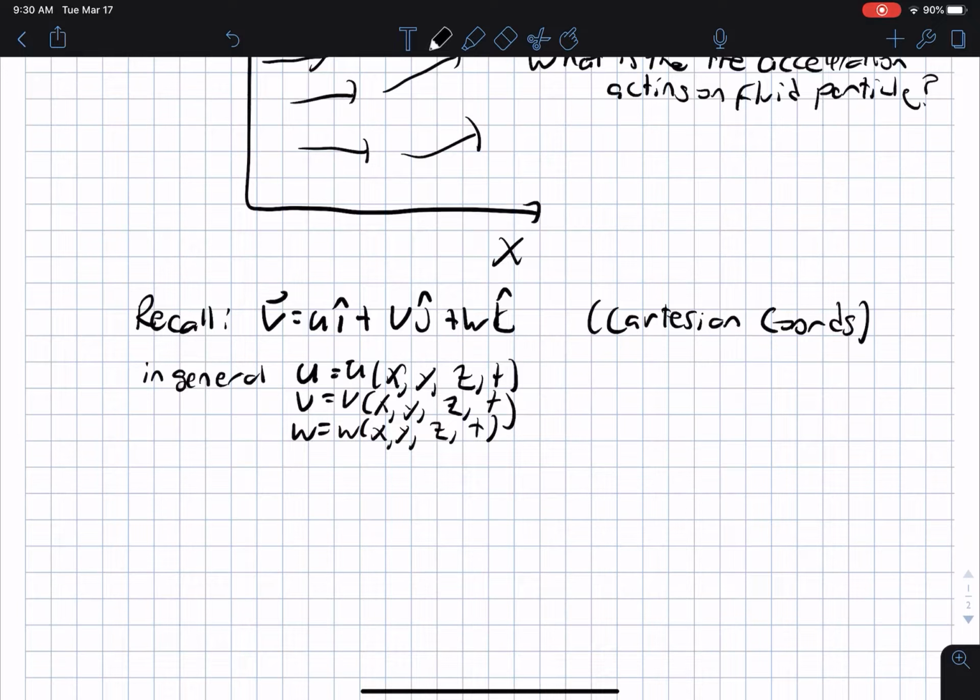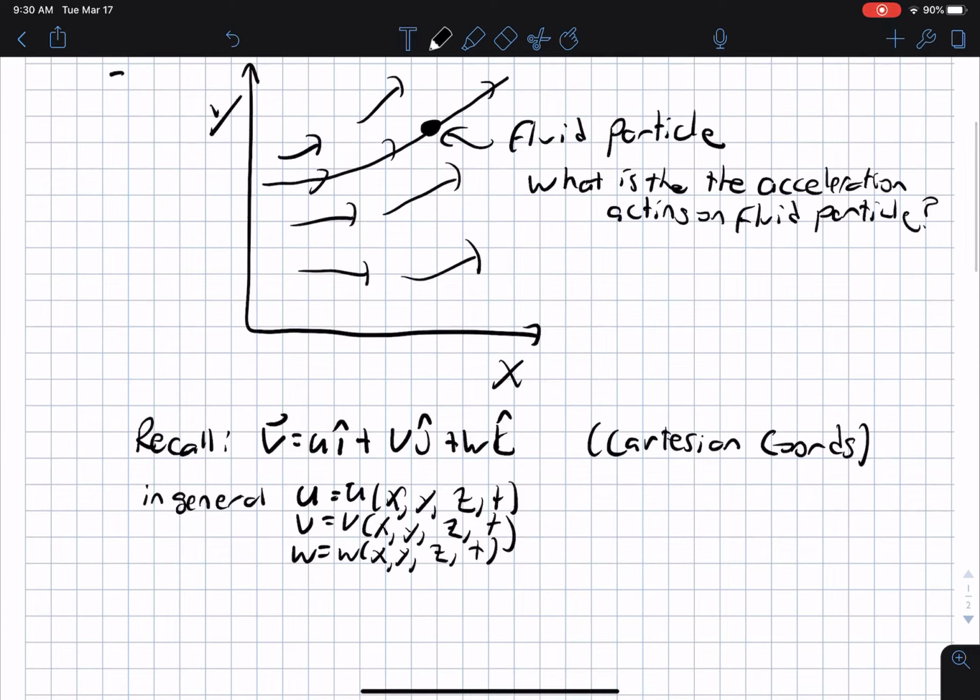Right, so if I scroll back up to this picture here, at this point here we have a different velocity vector than, say, at this point over here. And if the flow is unsteady, that means these velocity vectors are changing as a function of time, and so we need to account for that.